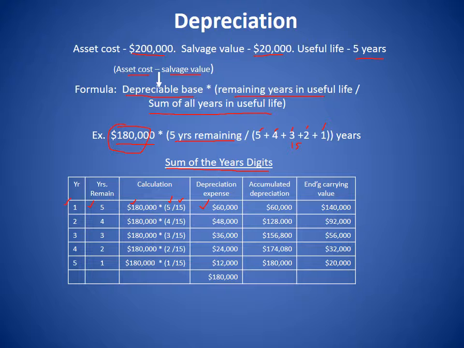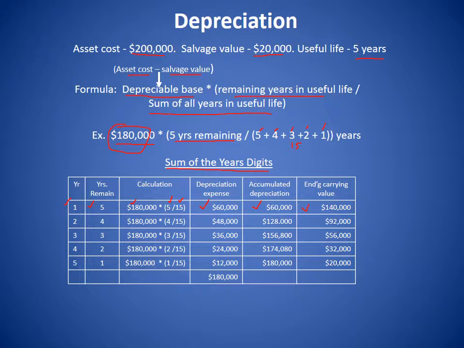So again, our accumulated depreciation is 0 from the previous year plus 60,000 equals $60,000. When we want to calculate the carrying value, it's going to be the asset cost of $200,000 minus the $60,000, which means our ending carrying value is going to be equal to $140,000.